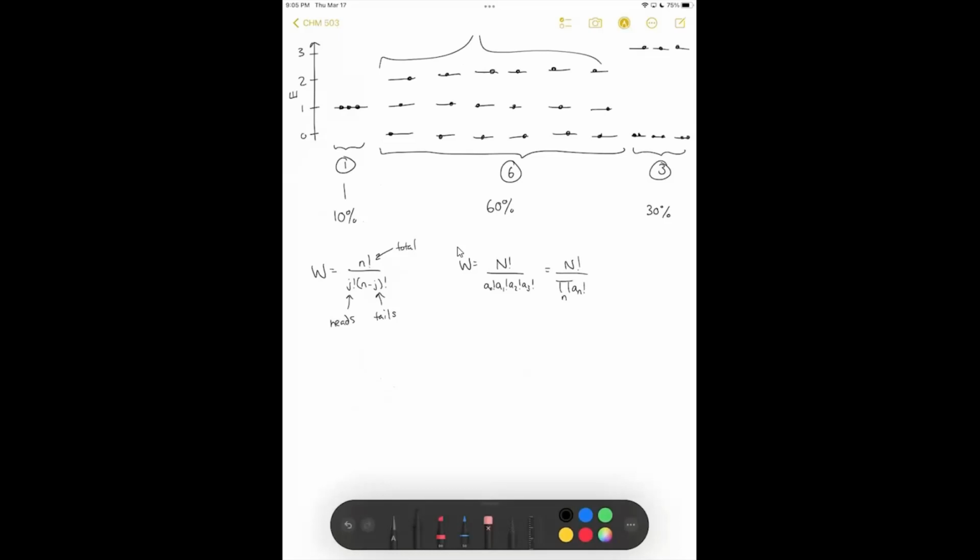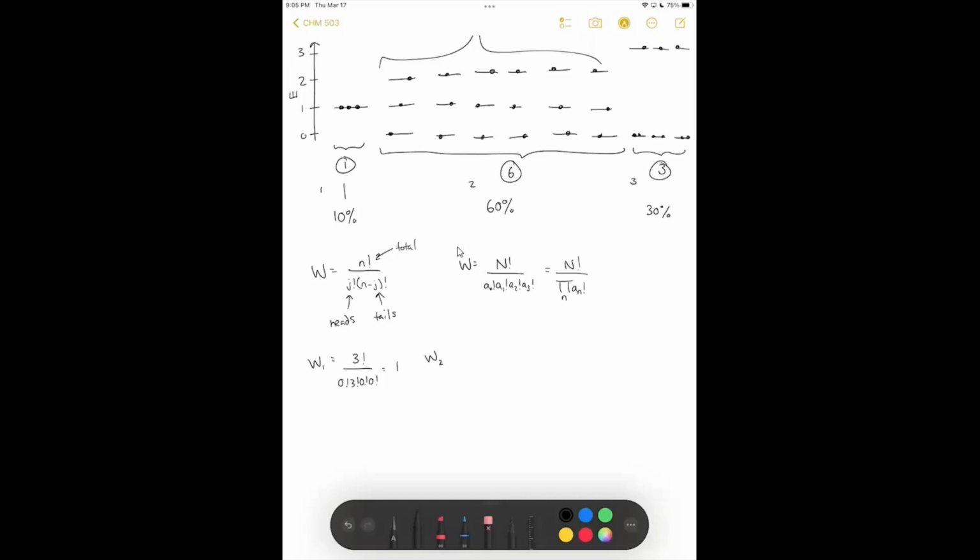So if we wanted to calculate the weight of our distributions above, we can say that the weight of our first distribution, if we call this distribution 1, this one 2, and this one 3, the weight of distribution 1 is N, the total number of objects, that is 3 factorial over 0 factorial, 3 factorial, 0 factorial, 0 factorial. That's 6 over 6, which is 1.